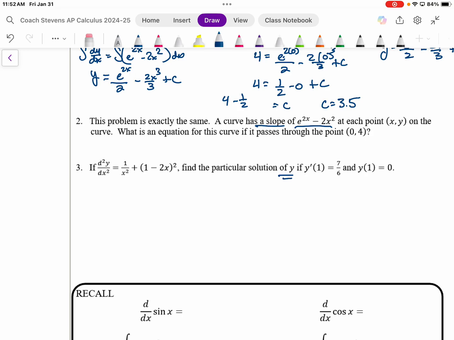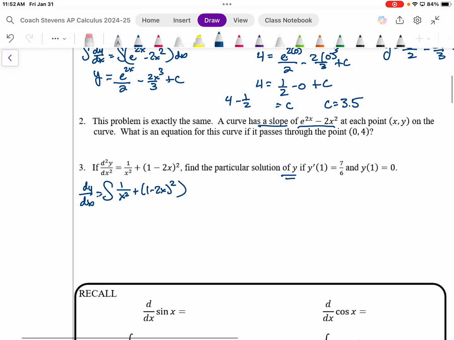Okay. As we find dy/dx, I know I have to do the antiderivative of 1 over x squared plus 1 minus 2x quantity squared dx. So I got to find that. dy/dx is equal to negative 1 over x.